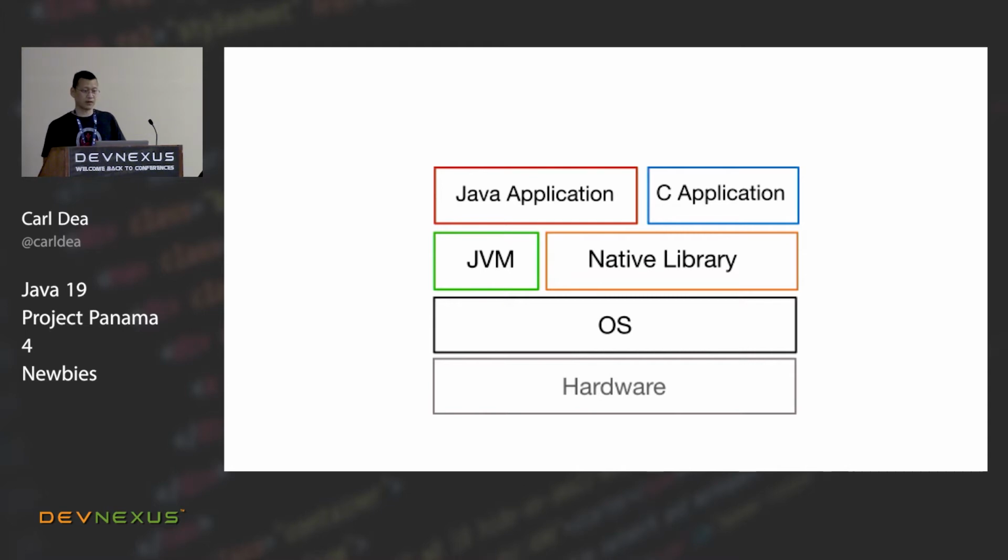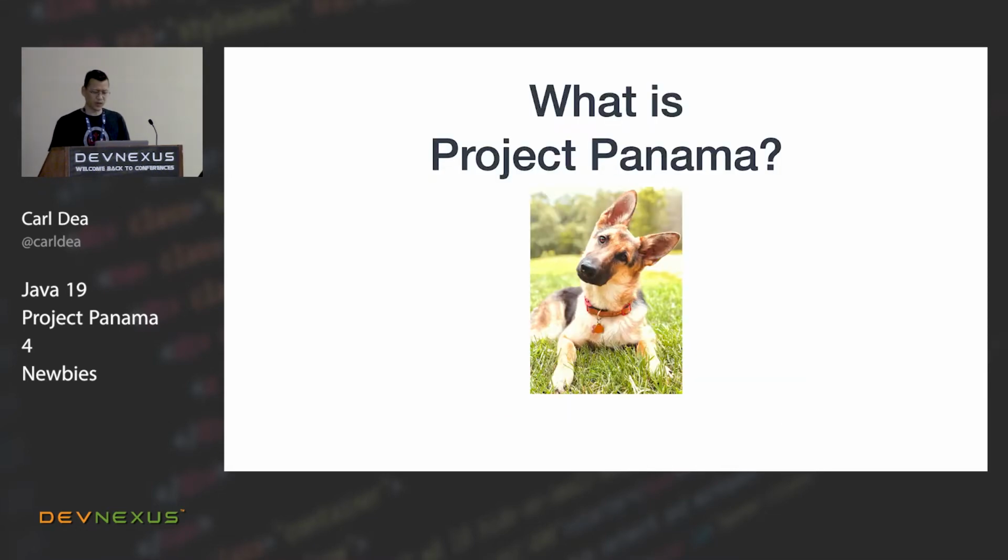Typically in the Windows world they're called DLLs, dynamic link libraries, and in the Linux world, or Mac OS, they're called shared libraries.